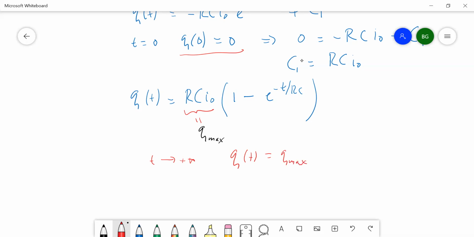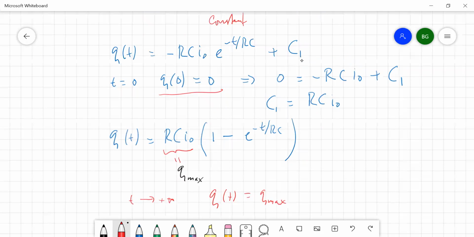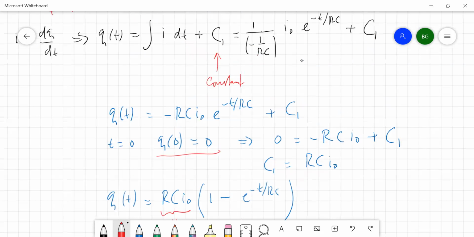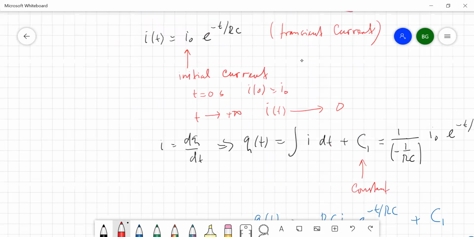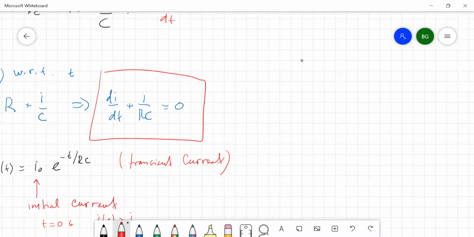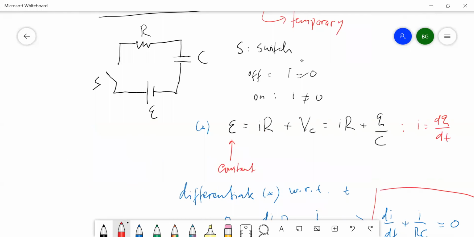This is the maximum charge that will fill the capacitor at the end. At the end, this transient current will be 0, so there is no current in the circuit, in this case for a serial RC. Any question?